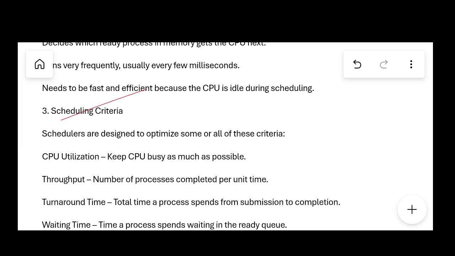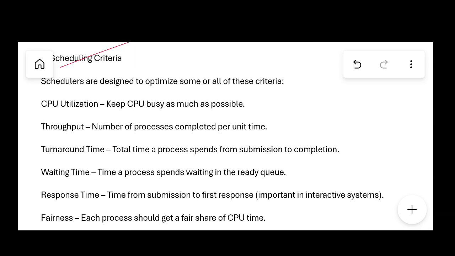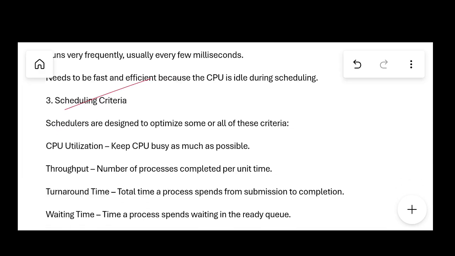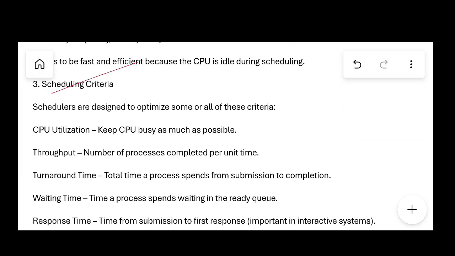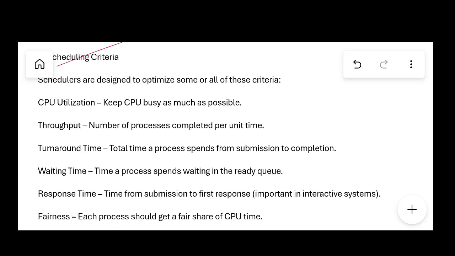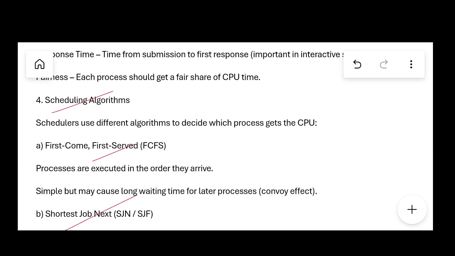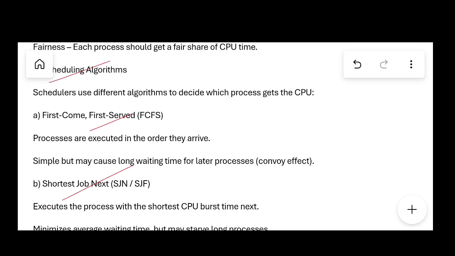Then scheduling criteria, like how the chef chooses. First is first come first serve, FCFS. Cook orders in the order they arrive. Easy, but if a customer has a huge order, everyone waits longer.